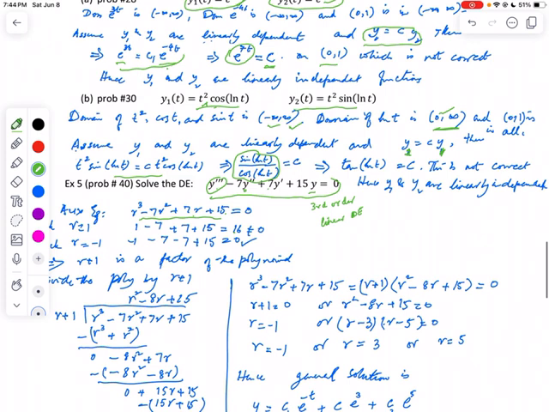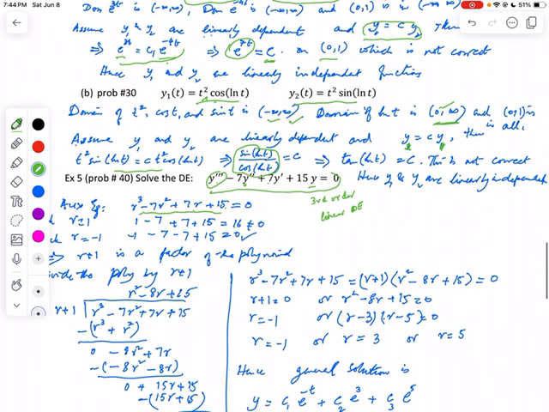Now this is a quadratic factor, so I can easily factor it, and if I cannot factor it, I can use the quadratic formula. But this can be easily factored as r minus 3 and r minus 5. So we have 3 roots, which is correct, because it's a cubic equation. The number of roots, counting complex and real roots, must equal the degree of the polynomial.